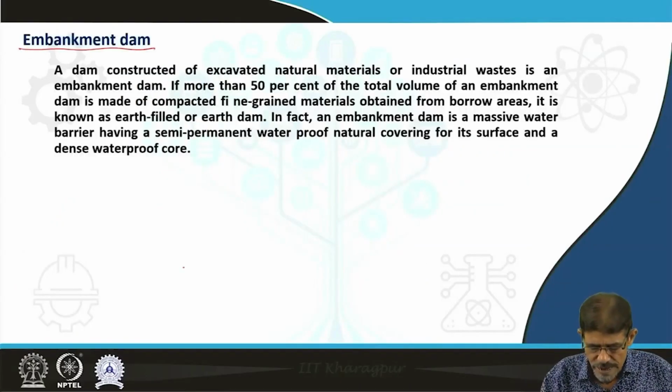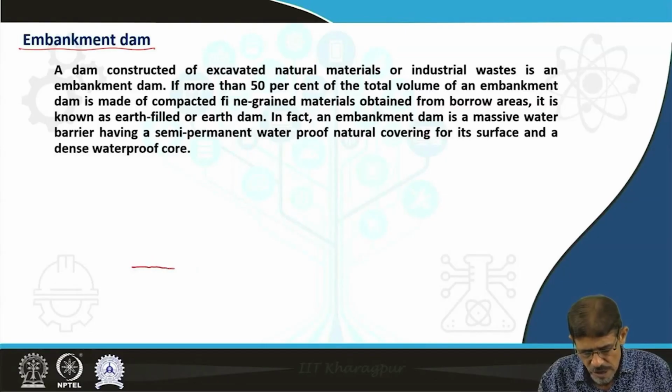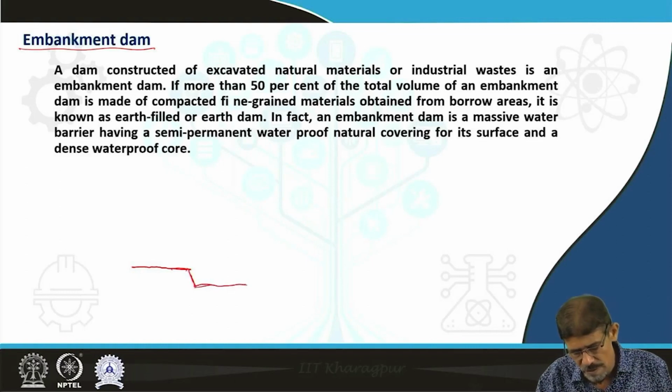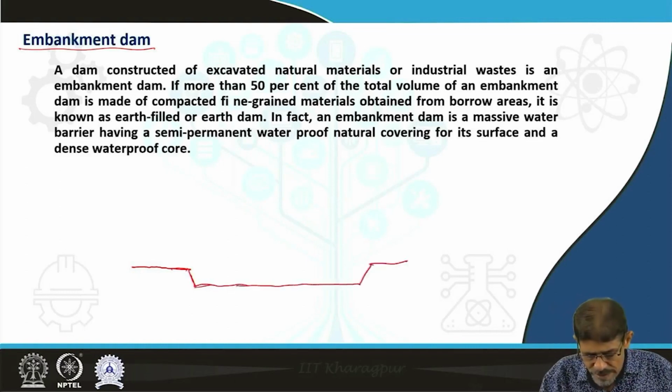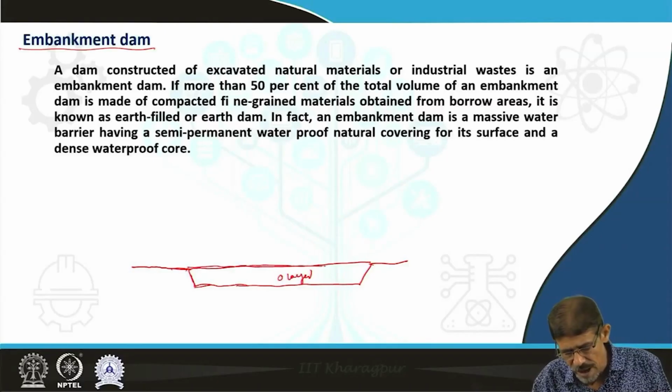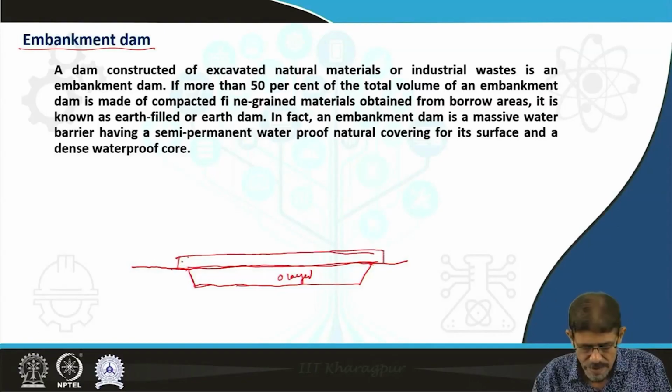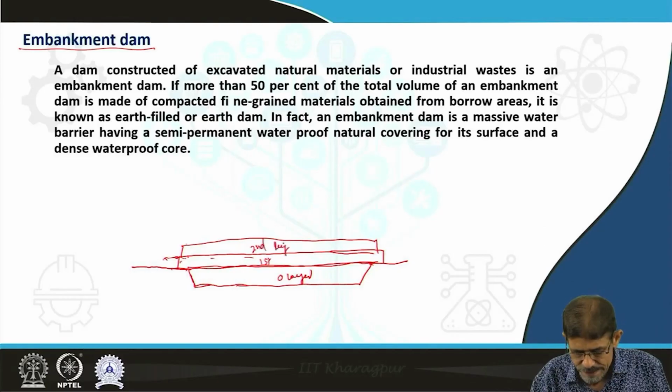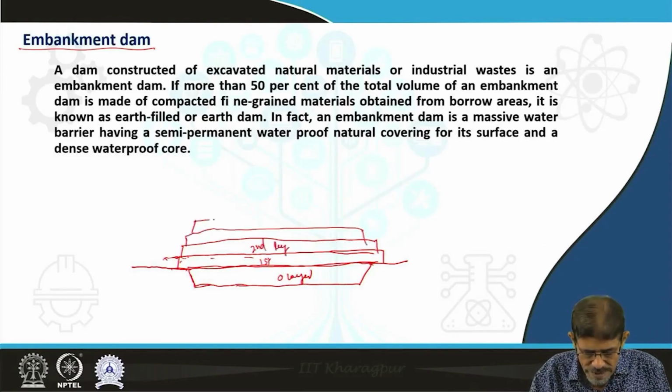Again, this is the ground, and we slightly cut here to stabilize it. Then we fill material, suppose this zero layer, followed by compaction, cleaning and preparation, then put another layer of earth or soil, then rolling, then another layer: first layer, second layer, third, fourth, fifth layer.